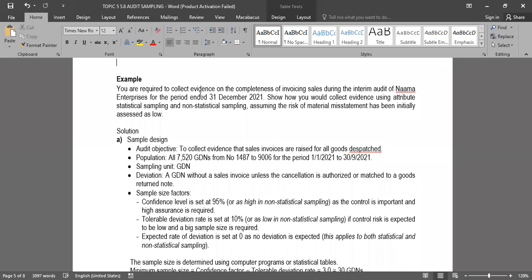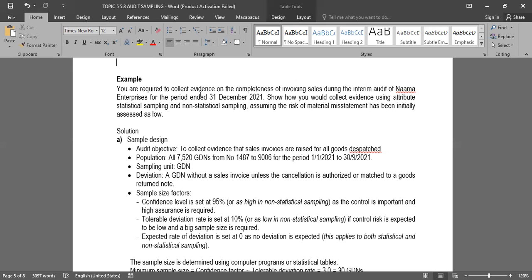Then the tolerable deviation rate is set at 10%. Still, it's an assumption. Other entities may prefer maybe 20%. Other auditors may put it at 5%, depending on what risk the auditors can really take on or accept. Then you have the expected rate of deviation.